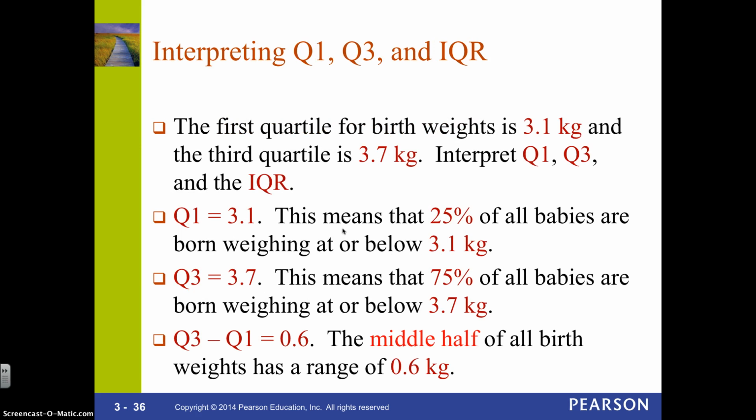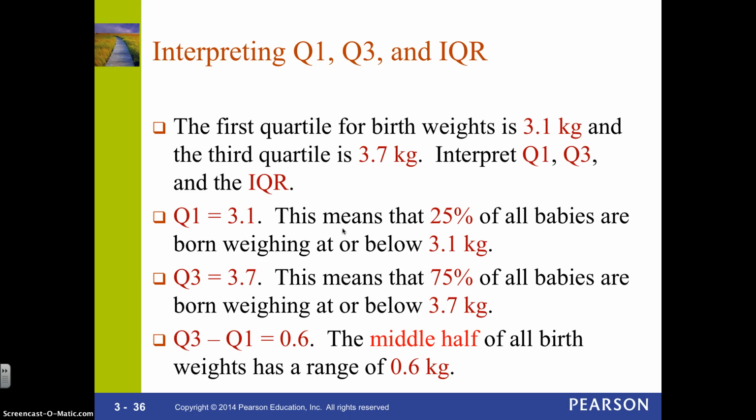So if you want to interpret Q1, Q3 and the interquartile range, if we know the first quartile of birth weights is 3.1 kilograms and the third quartile is 3.7 kilograms, then we can say that 25% of all babies are born weighing at or below 3.1 kilograms. So that's just an interpretation of what Q1 is telling you.